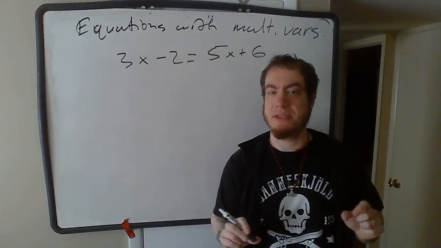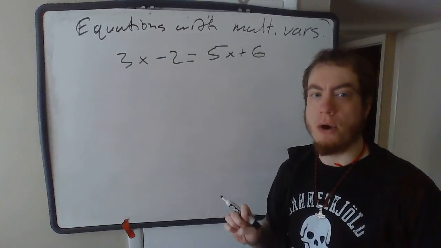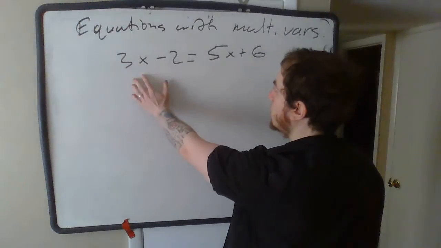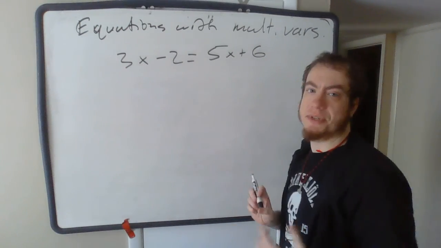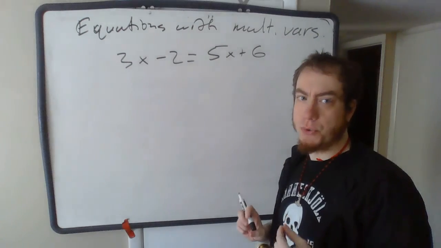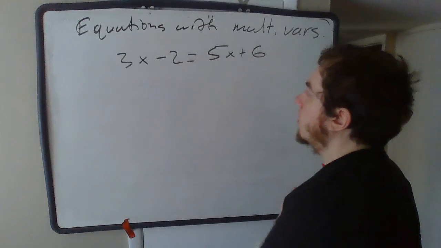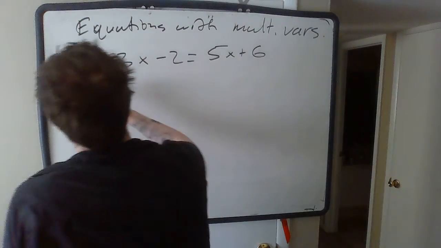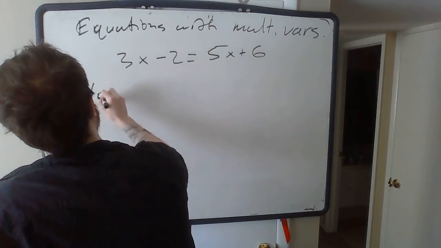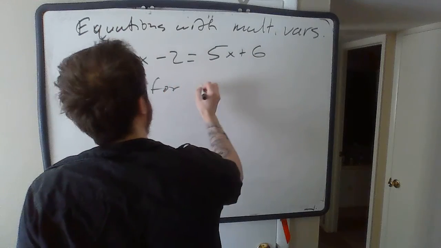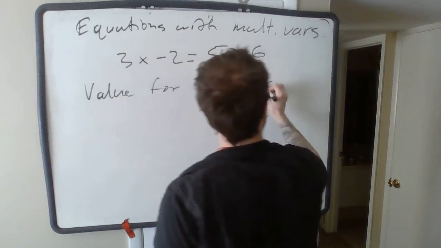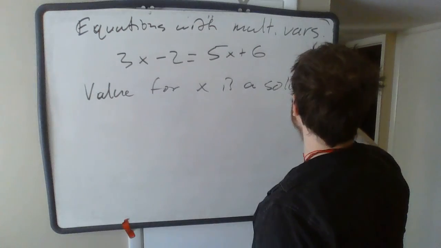Well, this is supposed to be some kind of an equation that holds for this variable. And remember, an equation is simply a mathematical sentence that asserts two things are equal to each other. And we call a value for x a solution if it makes the equation true.